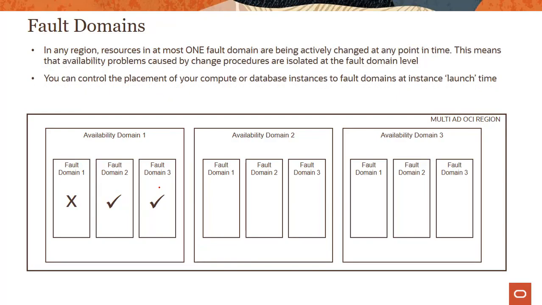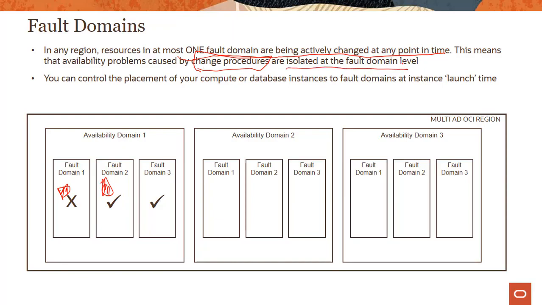Now, when we change resources, we make sure that resources in at most one fault domain are changed at a point in time. So it will never happen that we do a configuration here and we do the software configuration here. We always roll it out one fault domain at a time. This means that any kind of availability problems caused by change procedure, which is totally on us, are isolated at the fault domain level.